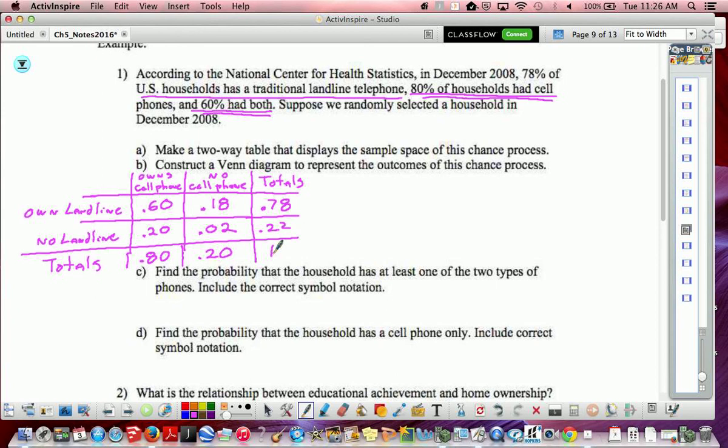So part of the challenge sometimes is actually calculating out all the different values. What we have to take into account here is that we have two events that are overlapping. So now, our Venn diagram.